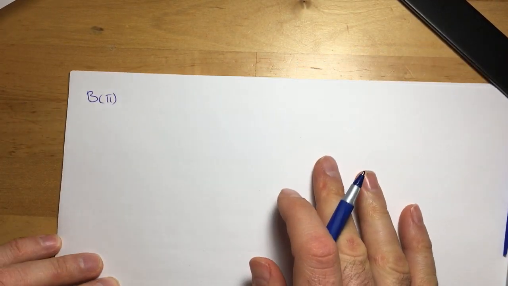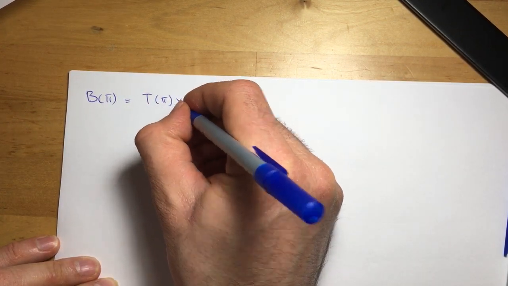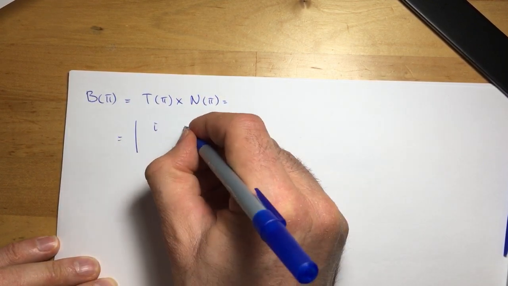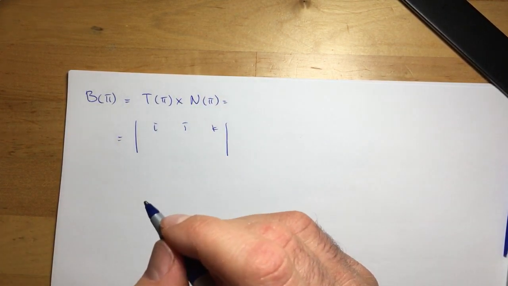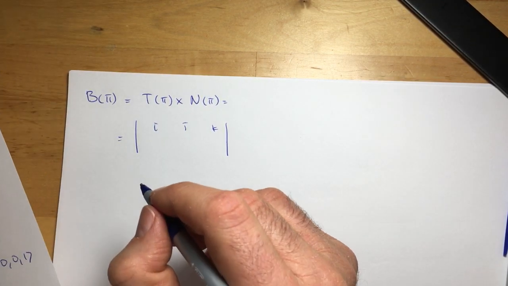So based on this, I can find the binormal vector evaluated at pi. That's T evaluated at pi cross product N evaluated at pi. Let me just make sure of the unit tangent vector at pi.